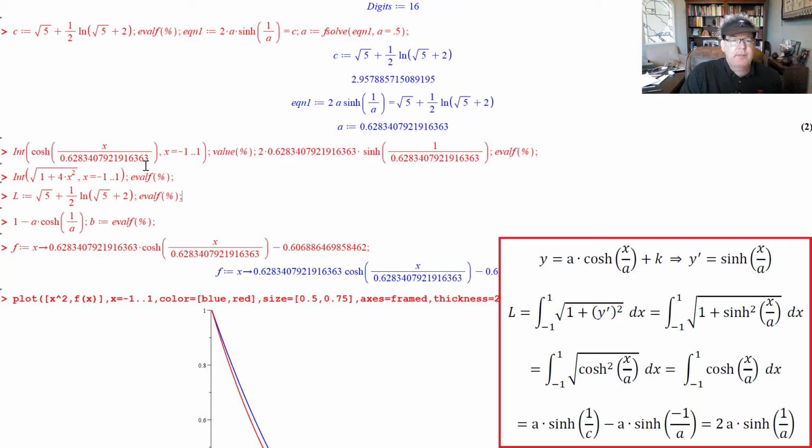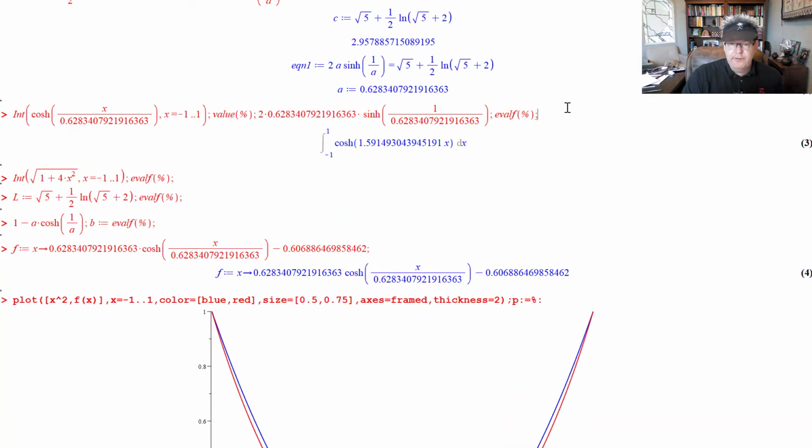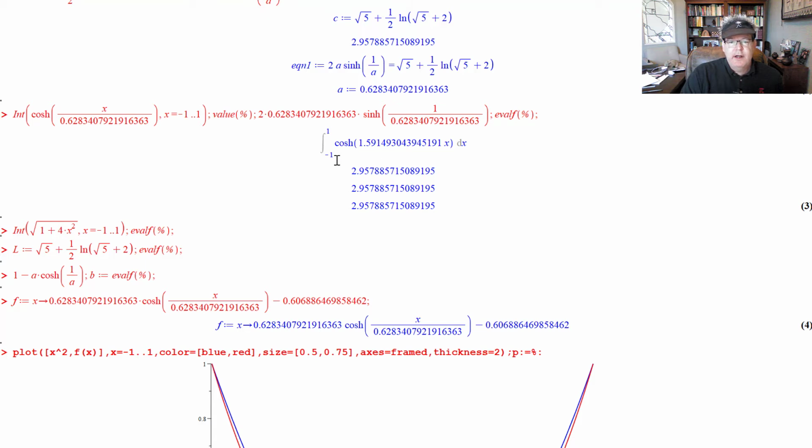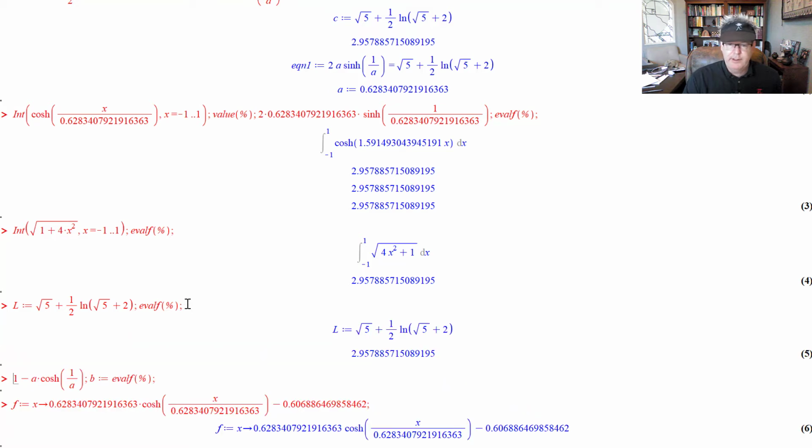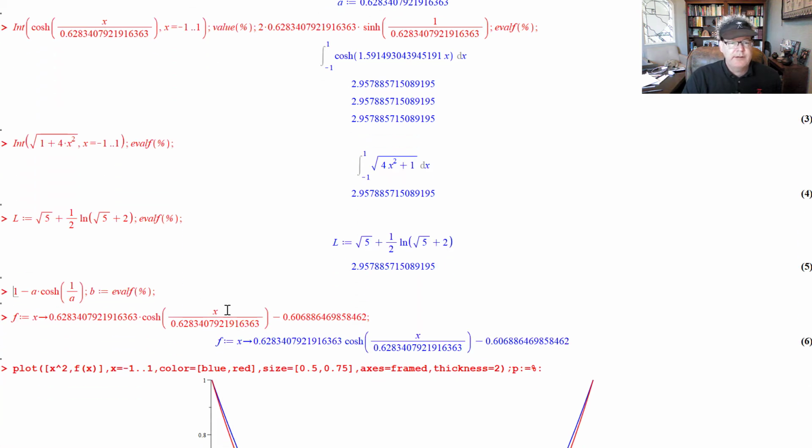So there it is. This will be the arc length. All right, so this is the arc length of the function I'm going to have. It matches the arc length of the parabola, which I repeat down here. And if we want it exactly, there's the exact value.